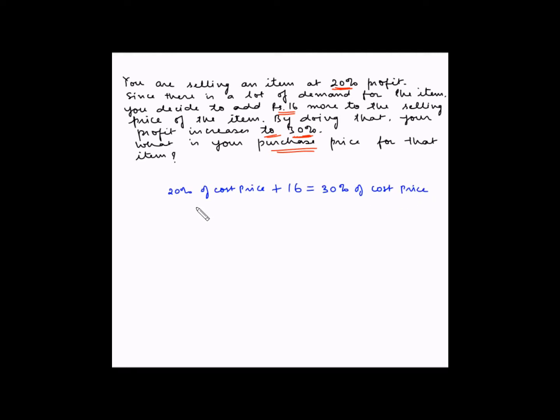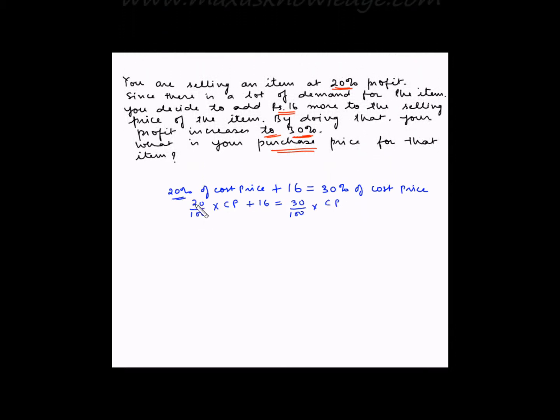Now if we further simplify this expression and express these numbers in terms of absolute values, we'll get 20 divided by 100, which is the expression of 20%, multiplied by cost price. So 20% of cost price plus 16 is equal to 30 divided by 100 multiplied by cost price.